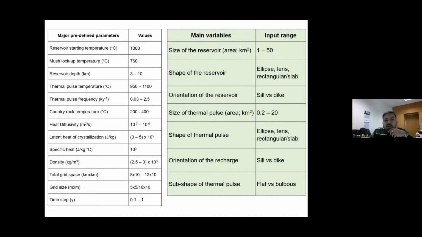And then that goes on to the same characteristics for the thermal pulse, and the pulse also has an additional parameter, which is the subshape to account for whether it's a little more flat or a little more rounded shaped.